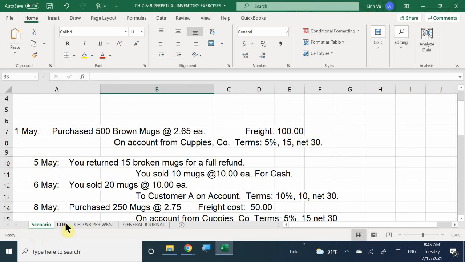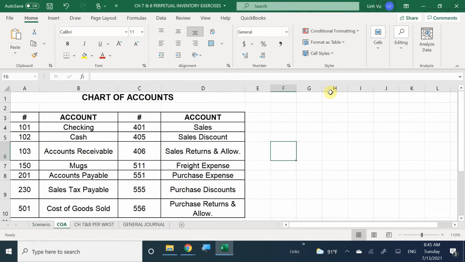Okay, let's look at my chart of accounts. I returned 15 broken mugs. So when journalizing, what should I use? Purchase returns and allowances, 556. Okay. Where are my inventory items? Is it 150?